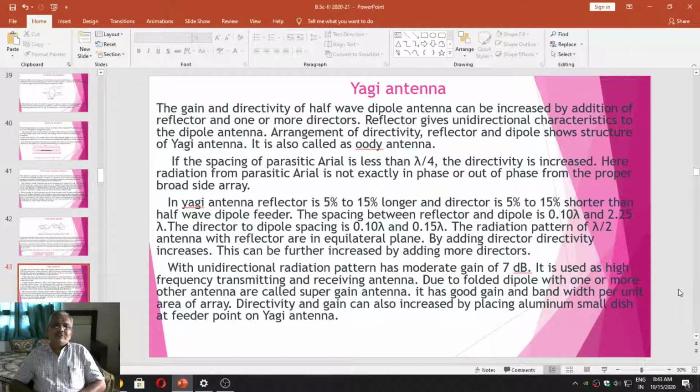In the last period, we studied the half wave dipole antenna, and we concluded that it is a conducting metal rod having length equal to lambda by 2.